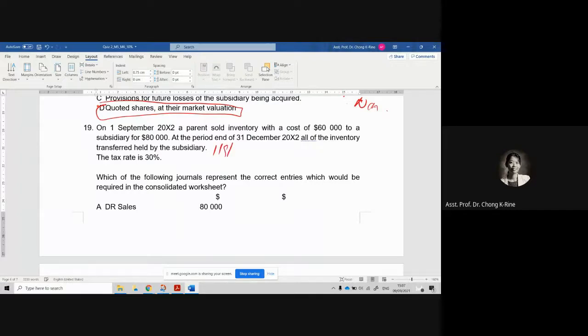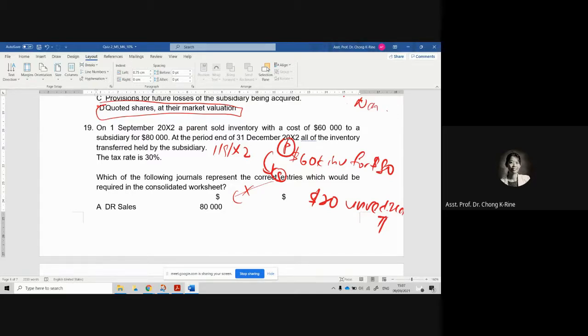On 1st of September, X2, parent sold to subsidiary 60,000 inventory for 80,000. So we know that there is a 20,000 unrealized profit because the subsidiary has not sold to the external party by the end of the financial year. At the end of the financial year, 31st of December, the subsidiary has not sold any of the inventory.